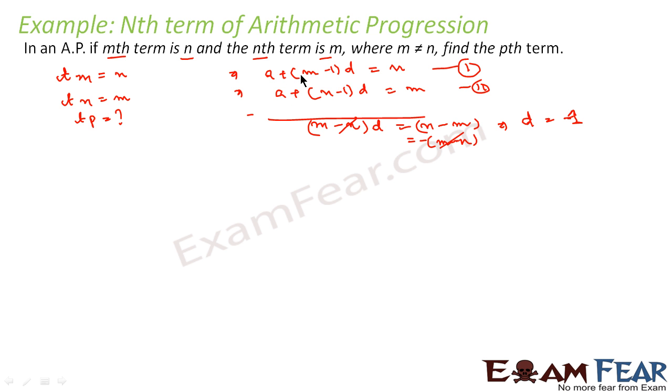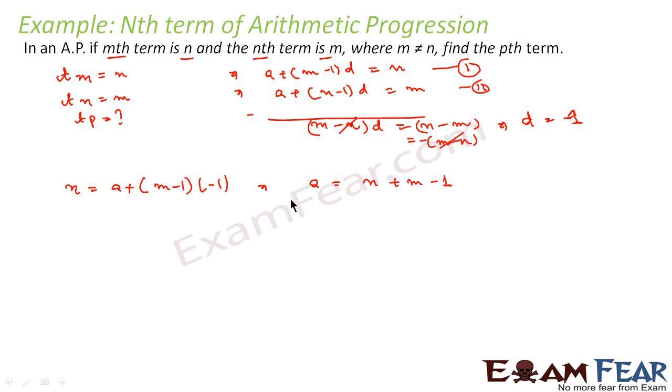So again we'll put d in the first equation, so we get n is equal to a plus (m minus 1) into minus 1. Or we get a is equal to n plus (m minus 1).